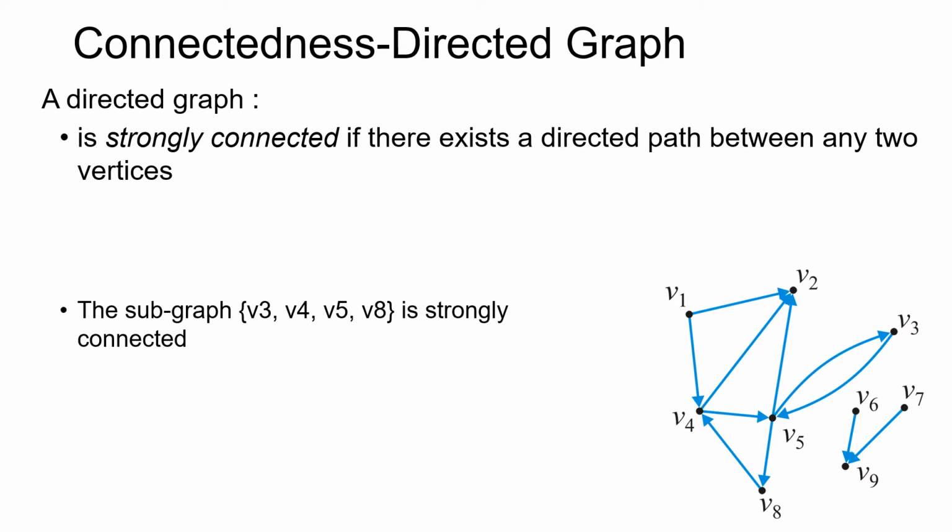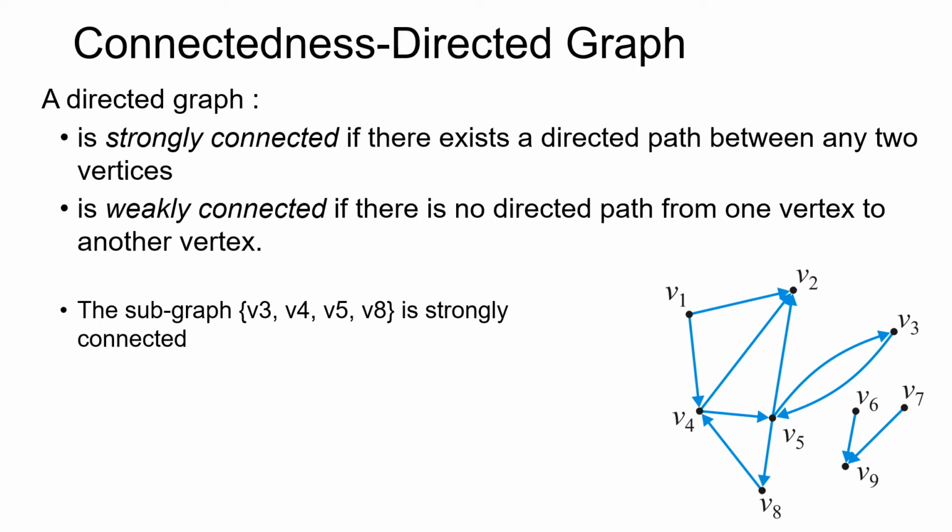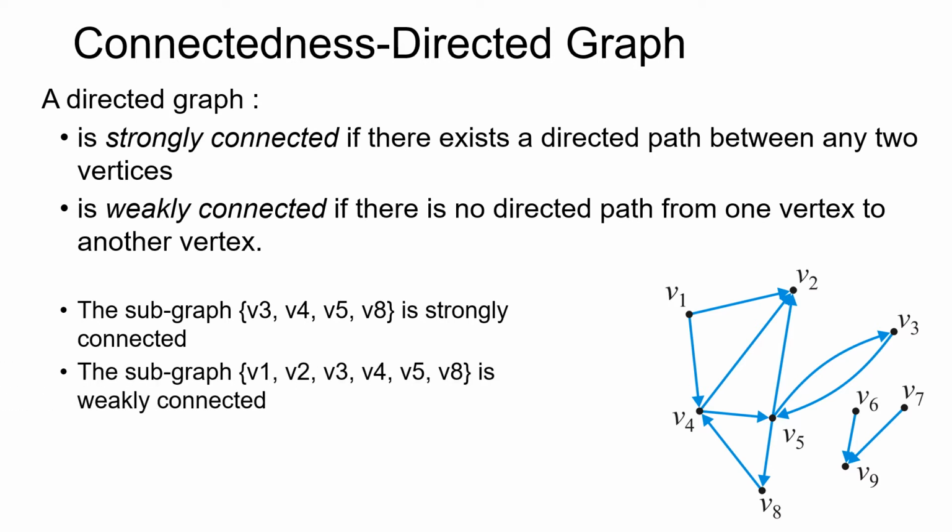A graph is said to be weakly connected if there exists no directed path between some pairs of vertices. The subgraph V1, V2, V3, V4, V5 and V8 is an example of a weakly connected graph.